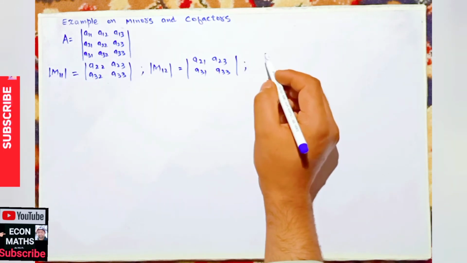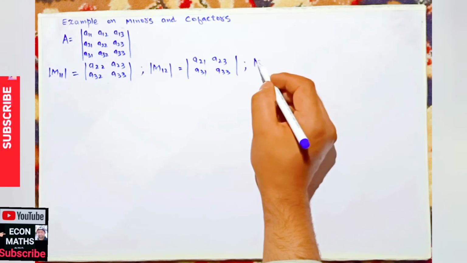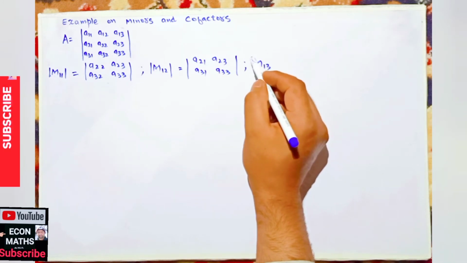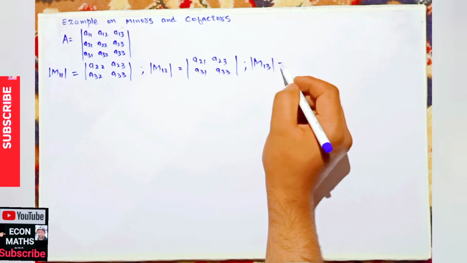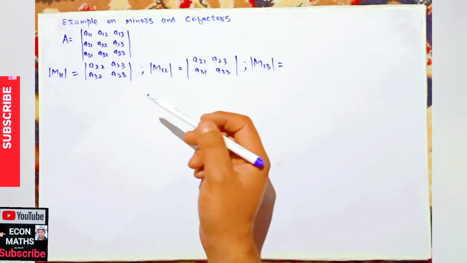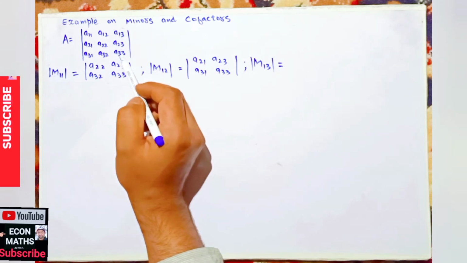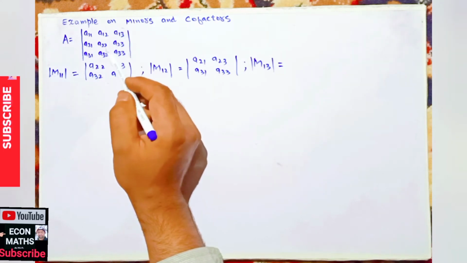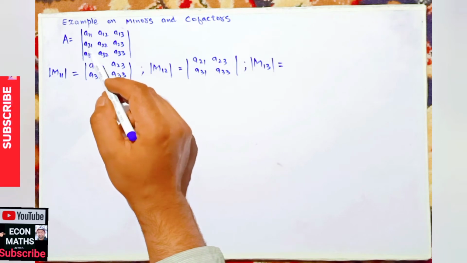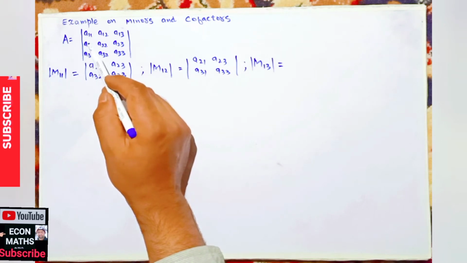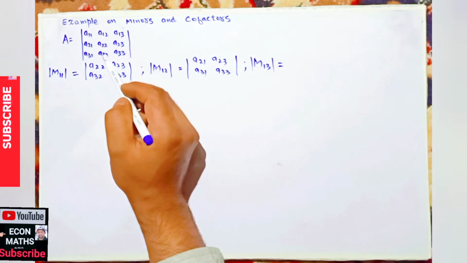Similarly, the third minor will be M13. Now the third minor is found by mentally deleting the row and the column in which this A13 appears and taking the determinant of the remaining elements. The remaining elements are then A21, A22, A31 and A32.